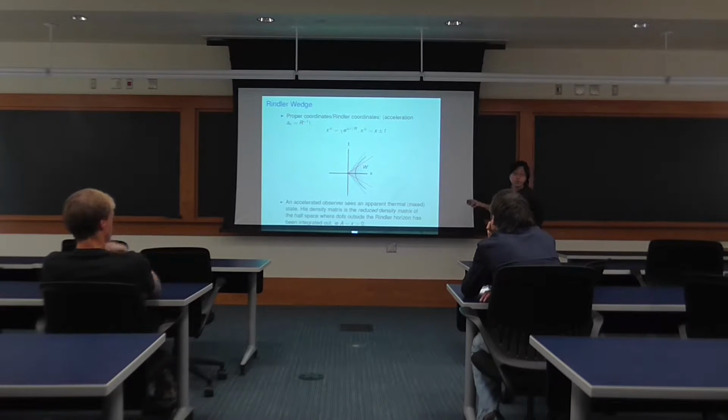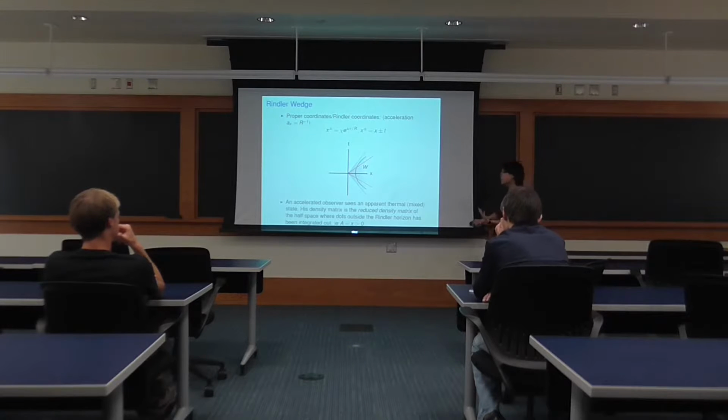Using proper coordinates in the rest frame of the accelerated observer, it is useful to introduce these coordinates. Tau is the Rindler time, the time in the rest frame of the accelerated observer, and R is basically the inverse acceleration of the accelerated observer.